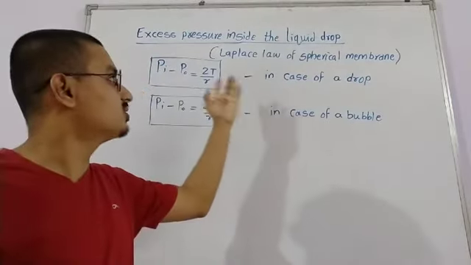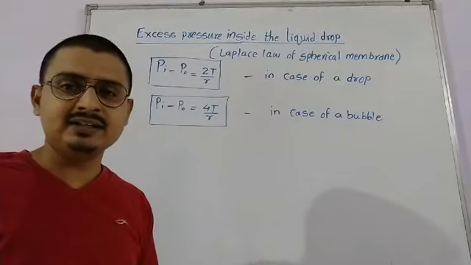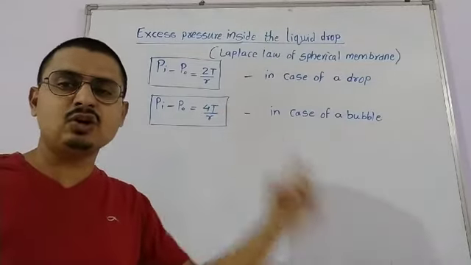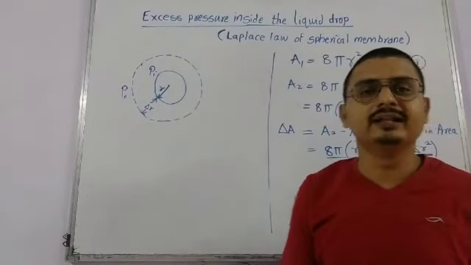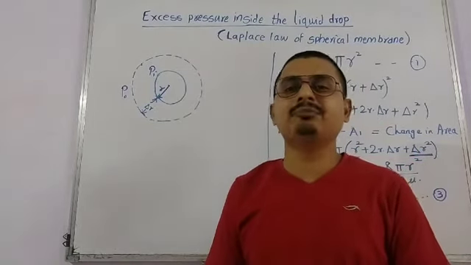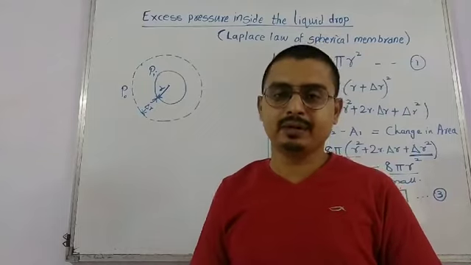So यही आज लॉ हम डिराइव करने जा रहे हैं, that is the derivation for Laplace law of membrane. So let us derive Laplace theorem or Laplace law for spherical membrane.